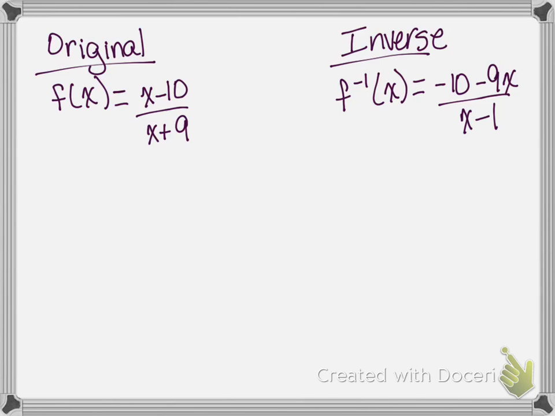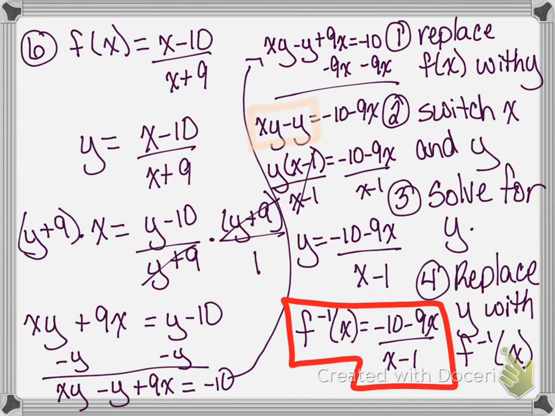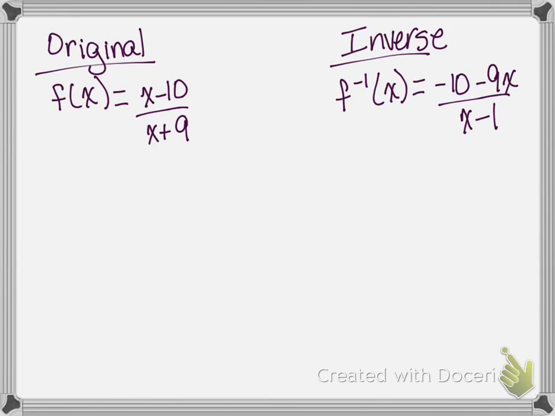So instead of subtracting y on both sides on this step, they subtracted xy on both sides. And you'd get to the same spot, but the final answer would look like f inverse of x, and the numerator would be positive, 10 plus 9x, and then it would be 1 minus x in the denominator. These are completely equivalent.